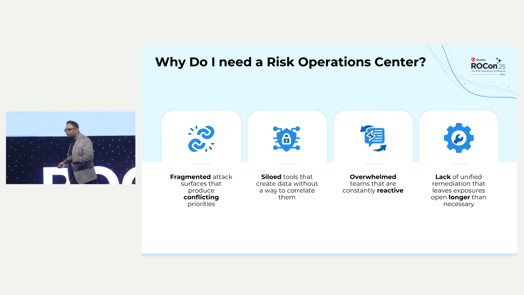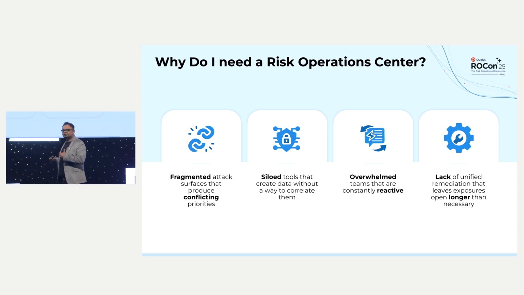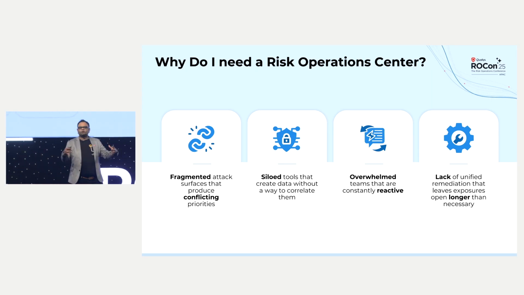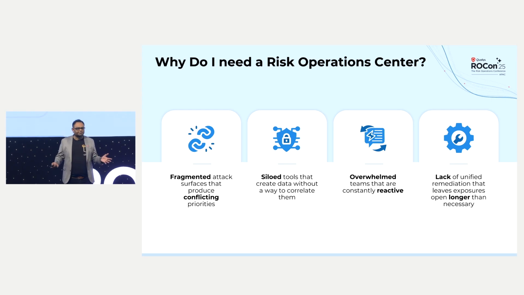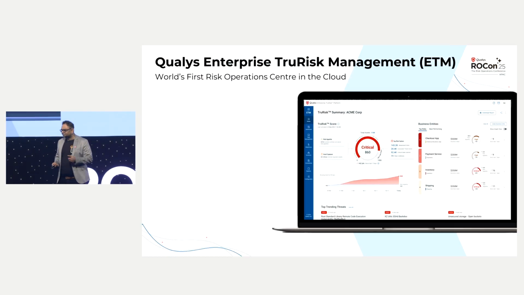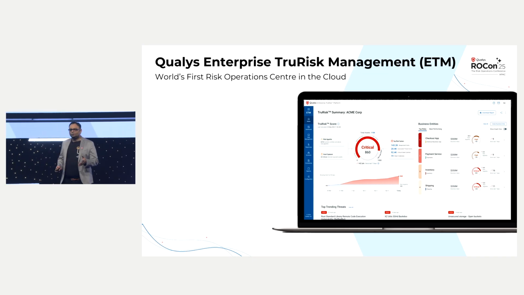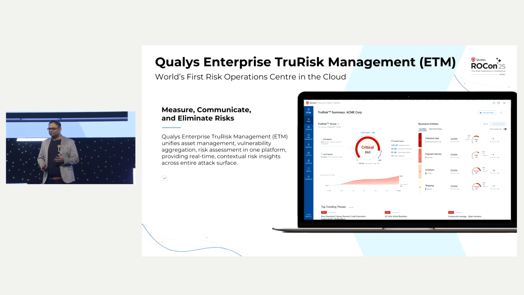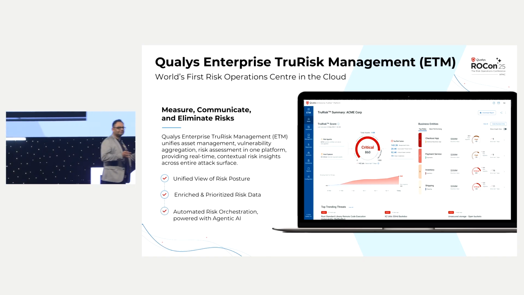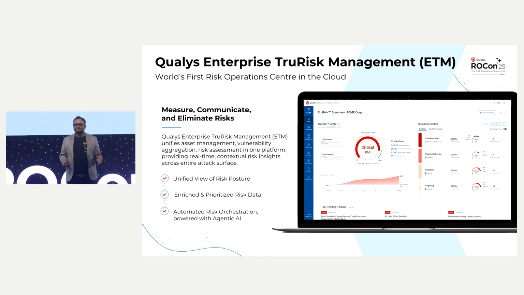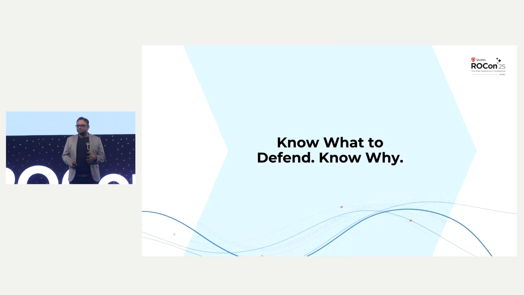And you have a very siloed view across your vulnerabilities and misconfigurations, across your cloud and on-prem. You want to consolidate this into one unified platform. That's where you need a ROC. That's where we have a product called ETM, Enterprise Storage Management. What does it do? It aggregates and normalizes your vulnerabilities and misconfigurations, applies the threat intel and business context, and helps you in effectively measuring, communicating, and eliminating your risk.